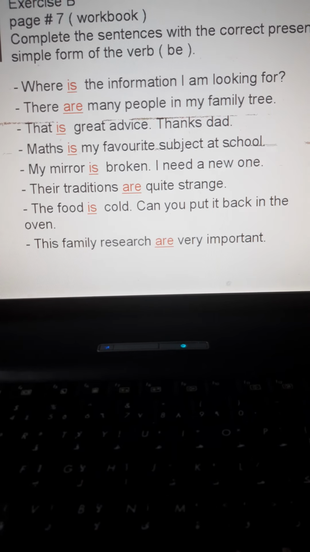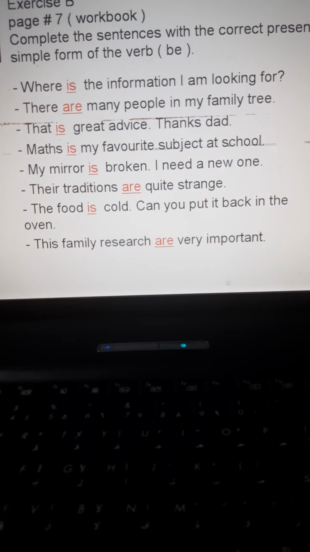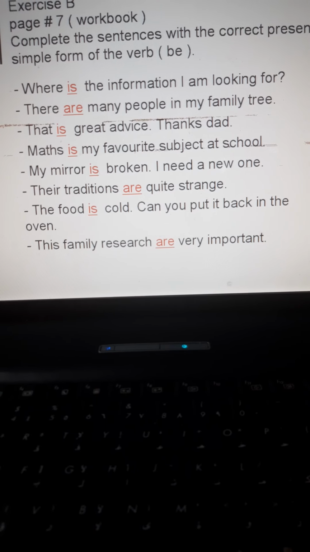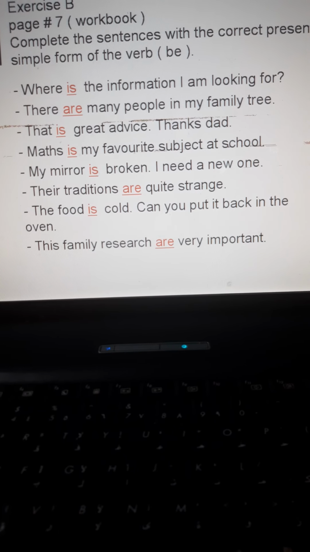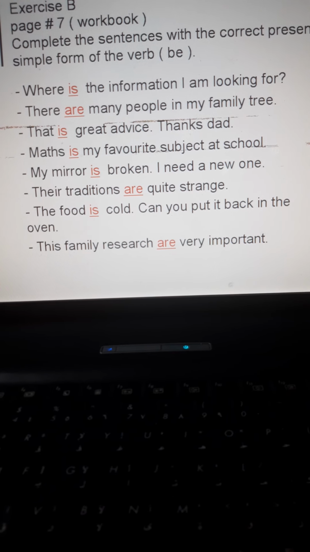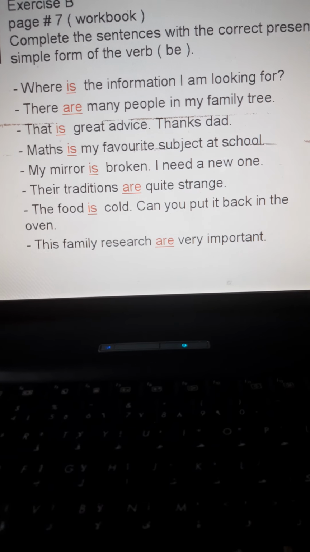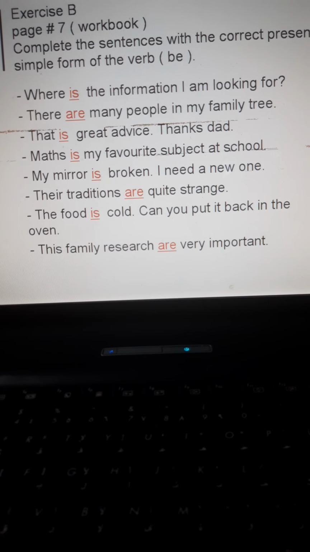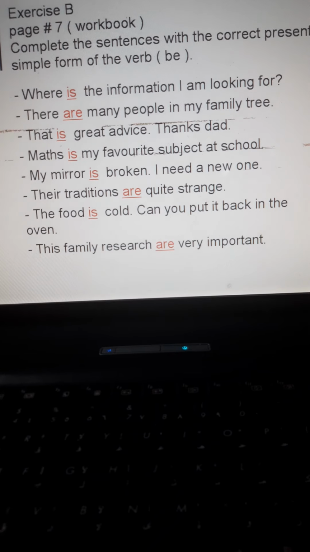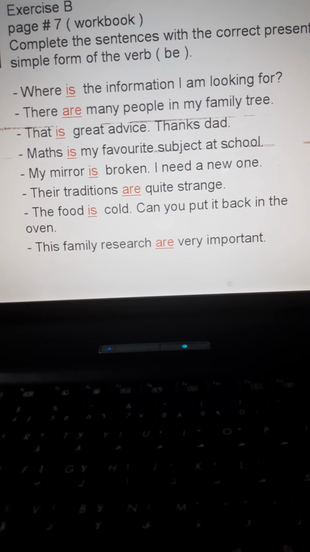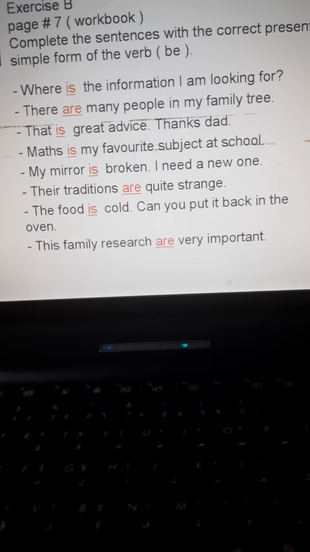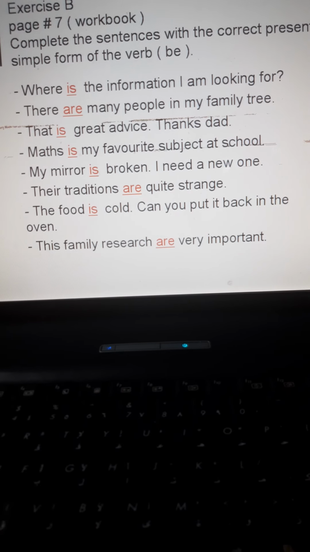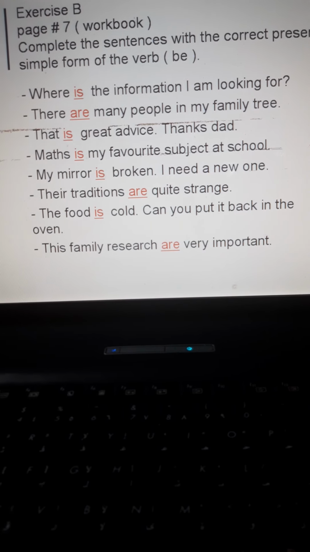Their traditions are quite strange. Traditions is a countable noun. Notice we have tradition and traditions. So traditions here is plural. That's why we used are. The food is cold. Food here is uncountable. Remember the category.